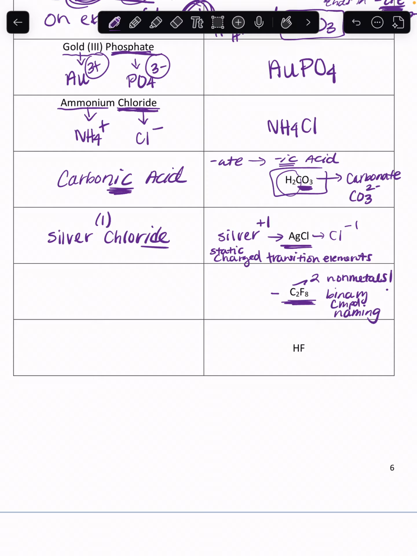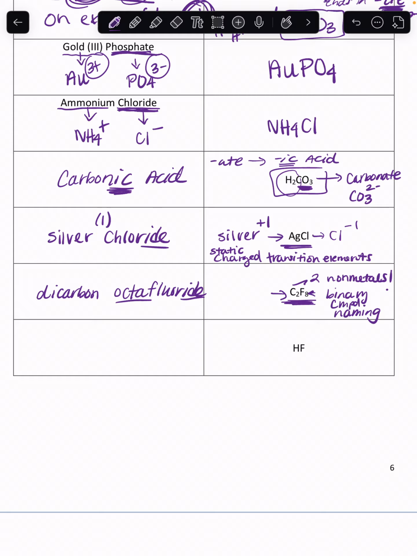So I have 2 carbons, and that would be the prefix of di. Dicarbon. And then I have 8 fluorines. The prefix for 8 is octa. And then fluorine would become fluoride. Octafluoride. Dicarbon octafluoride.